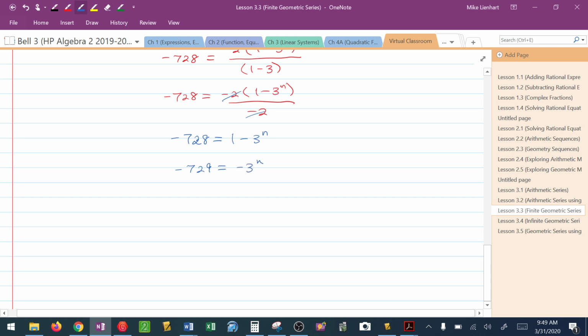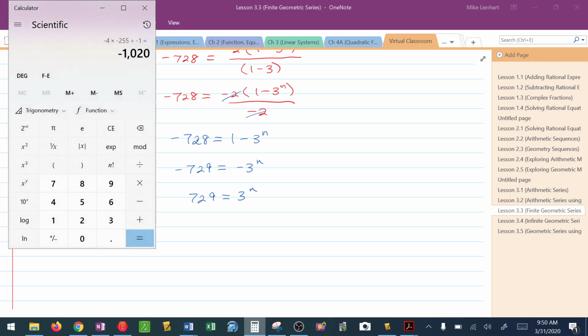I really don't want to deal with negatives, but if I think about it, I know that n's going to have to be something odd, because that's the only way I can take a negative number, raise it to that power, and get something negative. But I'm going to clean this up even more. 3 to what power gives me 729? I'm going to guess here.